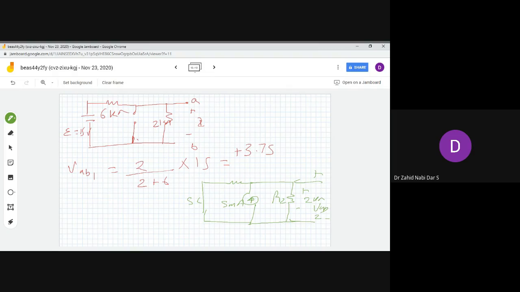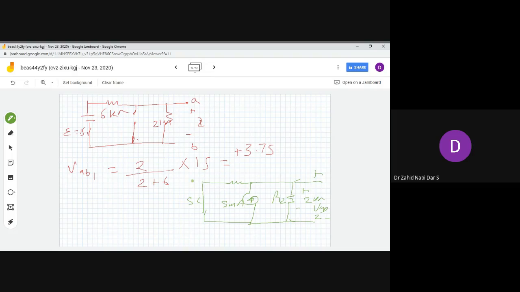Now in order to get VAB2 we have to analyze the circuit again. So in this figure the contribution is due to the 5 milliampere source. So we will calculate the VAB2. VAB2 would be due to the total resistance of 2 kilo ohm and 6 kilo ohm in parallel combination.